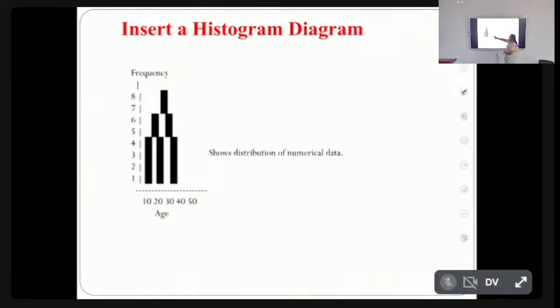So what are you doing here? You are showing the data. Put on this example. It is showing the age of different people. For example, I want to find the age of students in this class. I'm using one-dimensional data using a bar chart. To find the age of people, we use a bar chart.